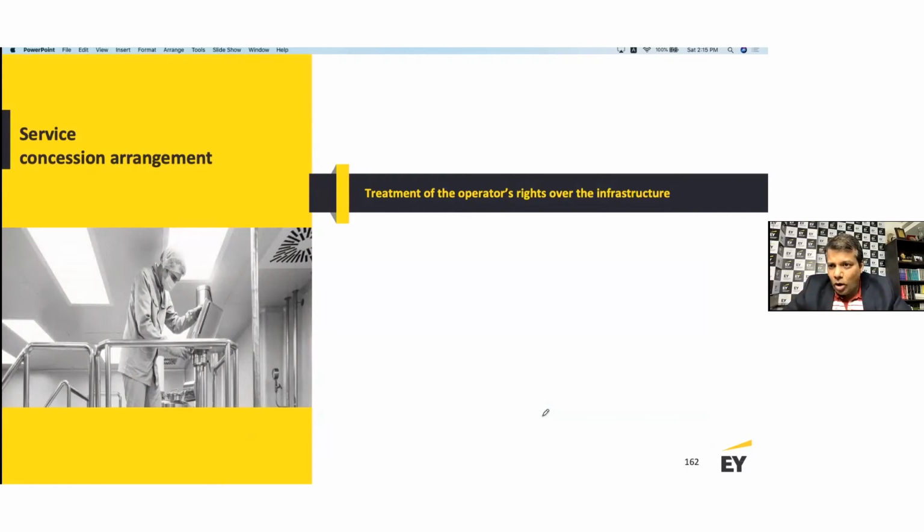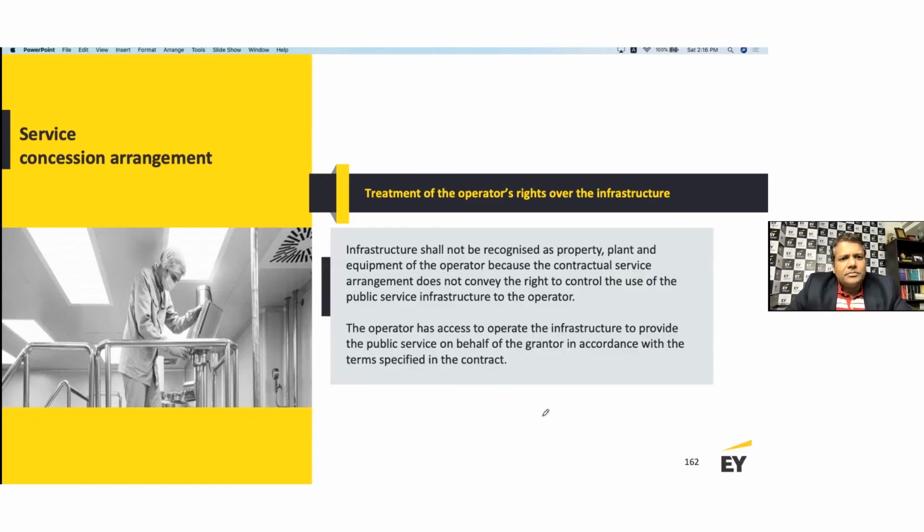Your right to operate the asset is why it is recorded as an intangible asset. Infrastructure shall not be recognized as property, plant, and equipment of the operator because the contractual service arrangement does not convey the right to control the use of the public service infrastructure to the operator. You only have the right to operate.